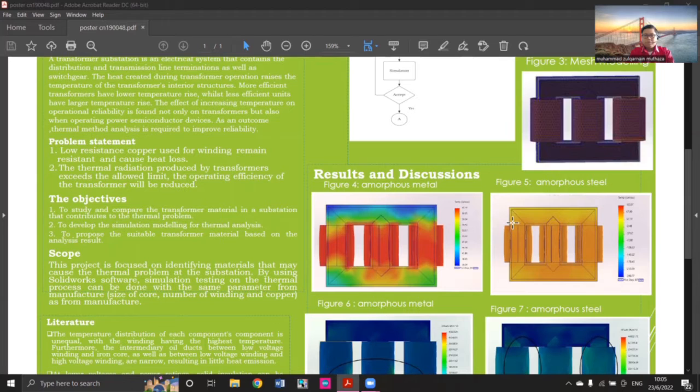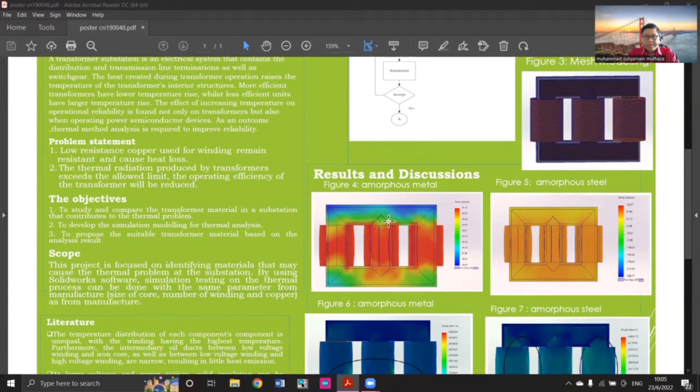From the two pictures, we can see the different colors that show the temperature.